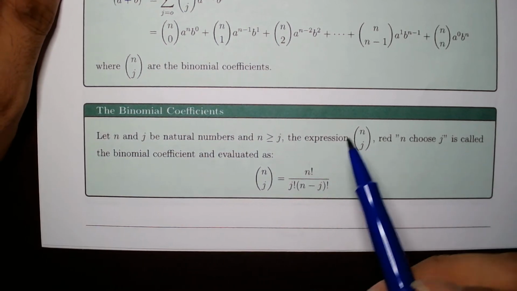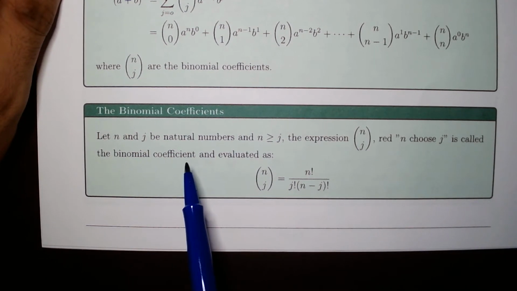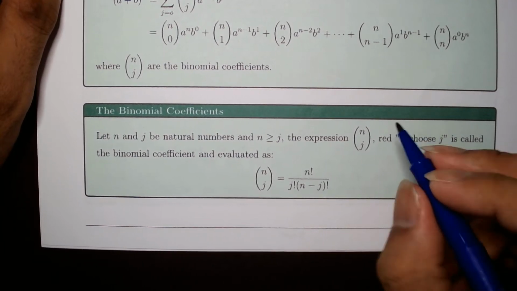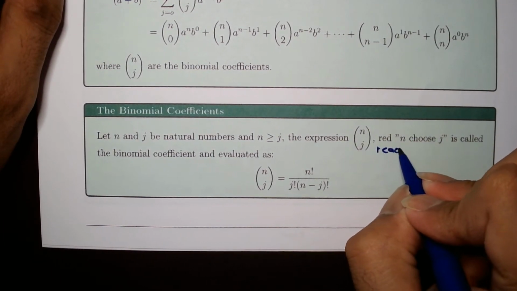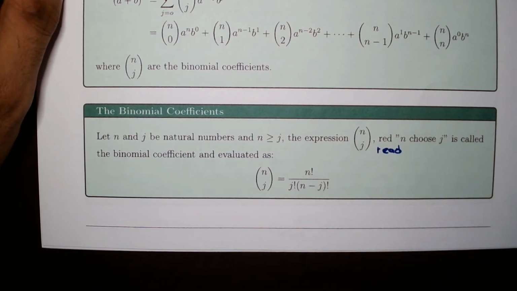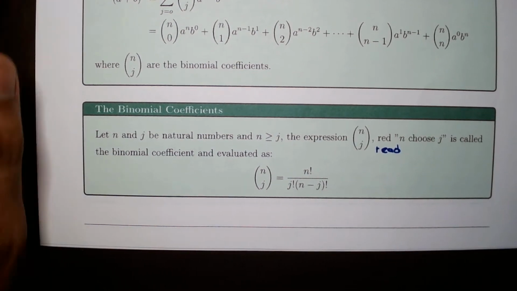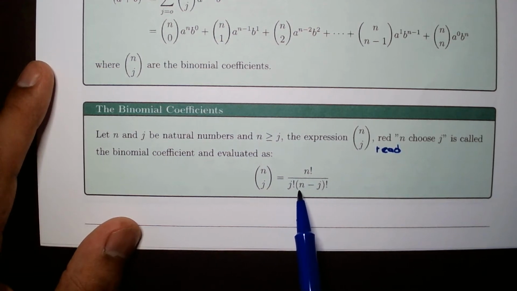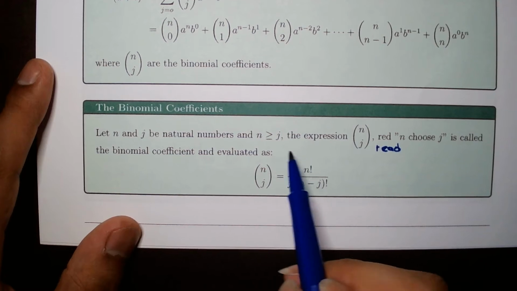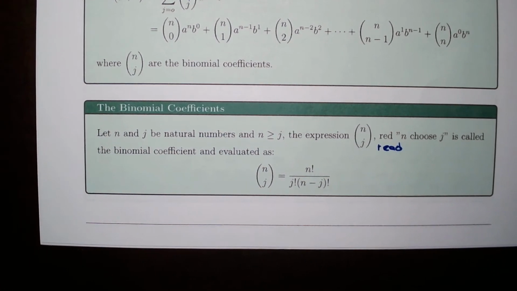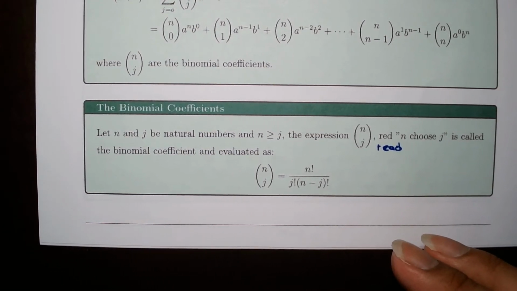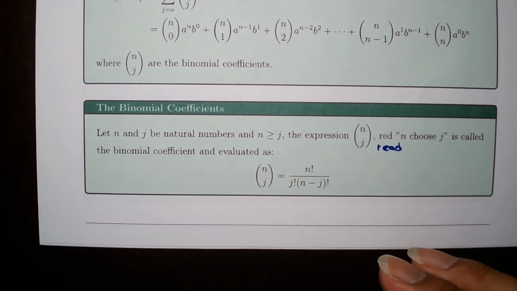If n and j are natural numbers, this expression is read n choose j, and it's called the binomial coefficient. It's evaluated as n factorial divided by j factorial times n minus j factorial. So we're going to work with factorials for a little bit, and you'll see how this is going to look.